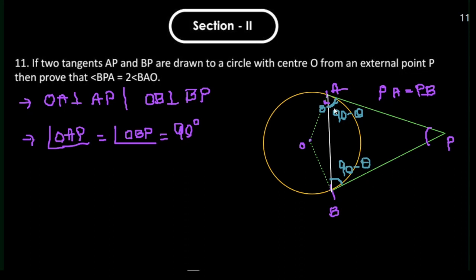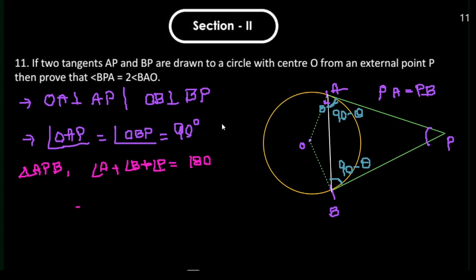Now, if we consider the triangle, I'm considering triangle APB. Okay, triangle APB. The sum of all the angles in this triangle is 180 degrees, right? So I can write angle A plus angle B plus angle P is equal to 180 degrees.